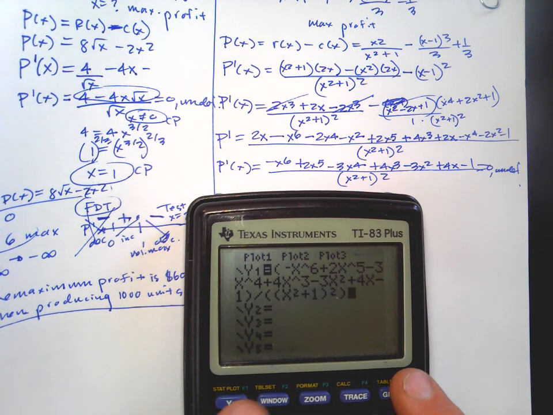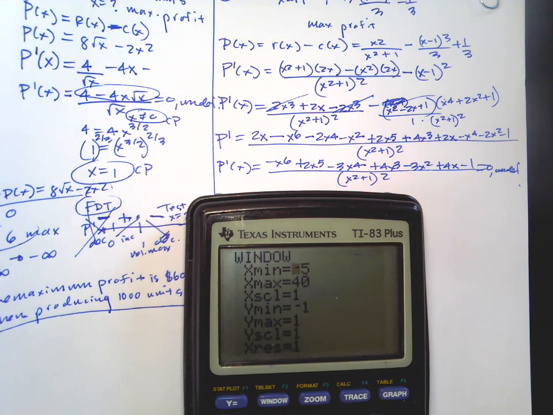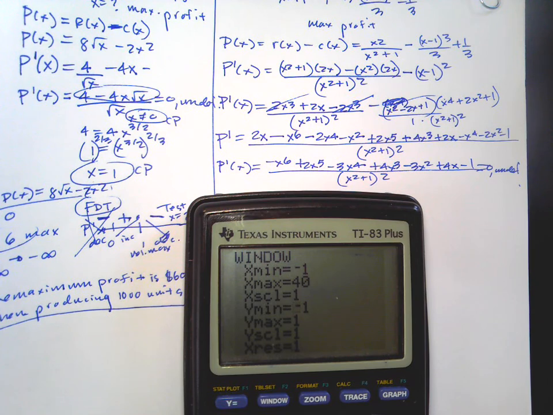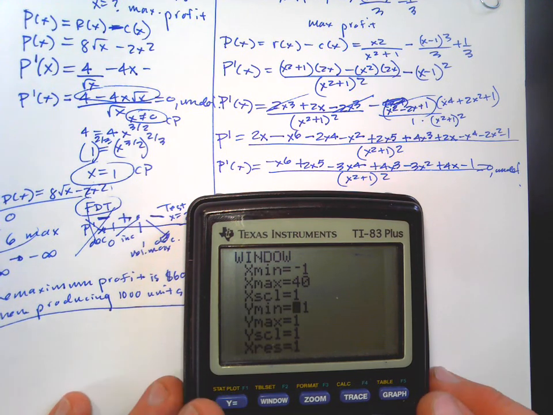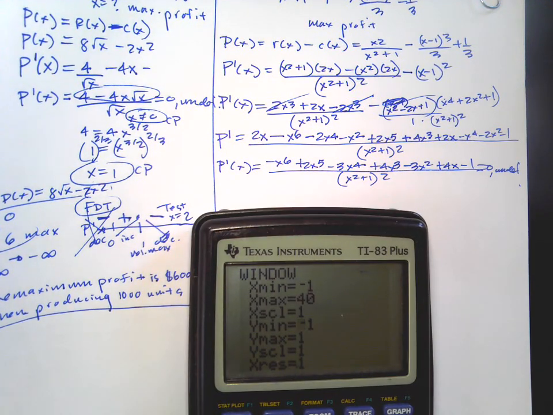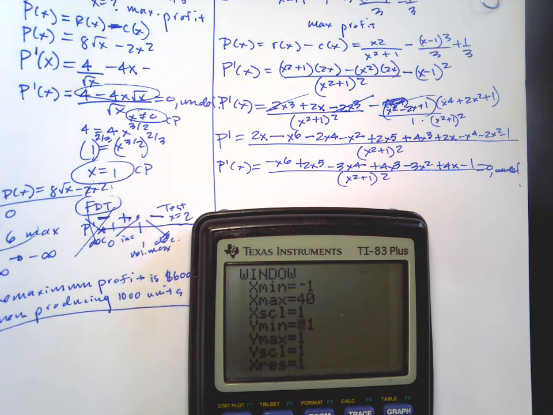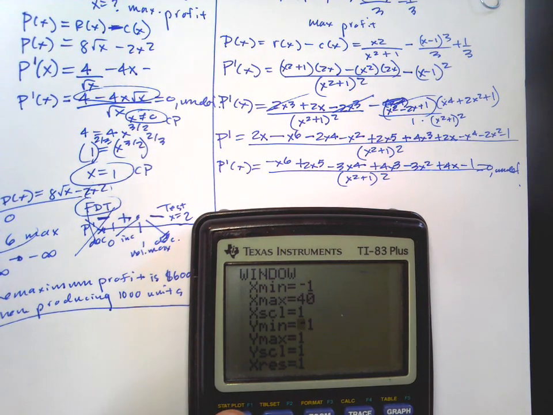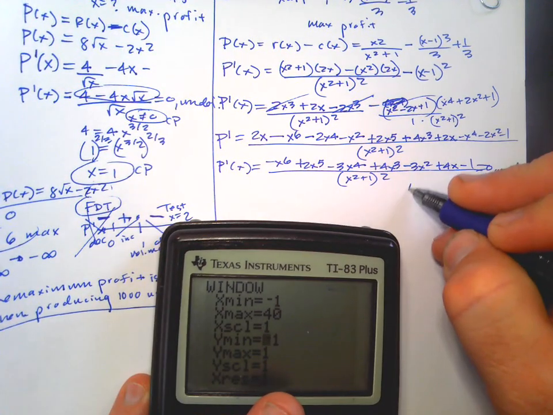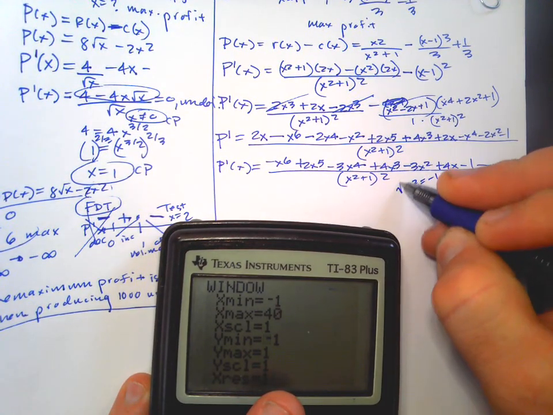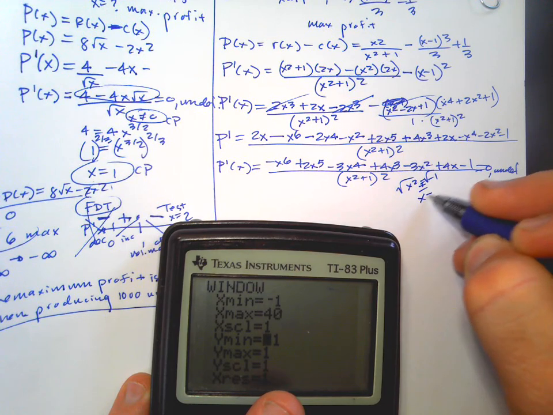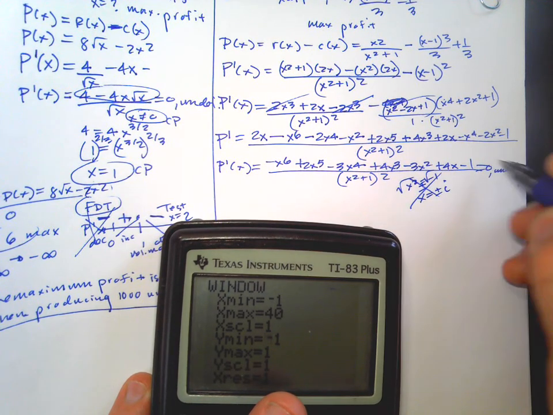Close window. We could just look at the top and the bottom. Undefined when x squared equals negative 1, square root of both sides, plus or minus i. I'm not going to take those, so really it's just the top.